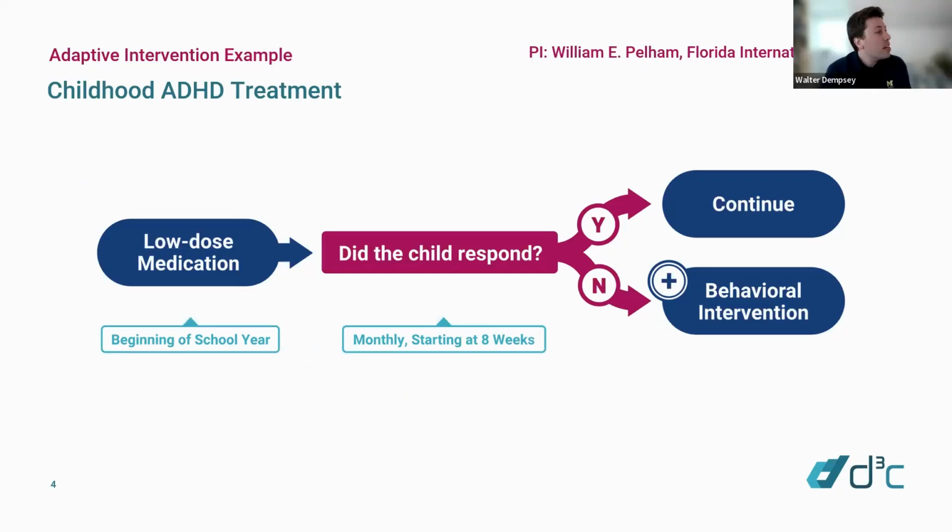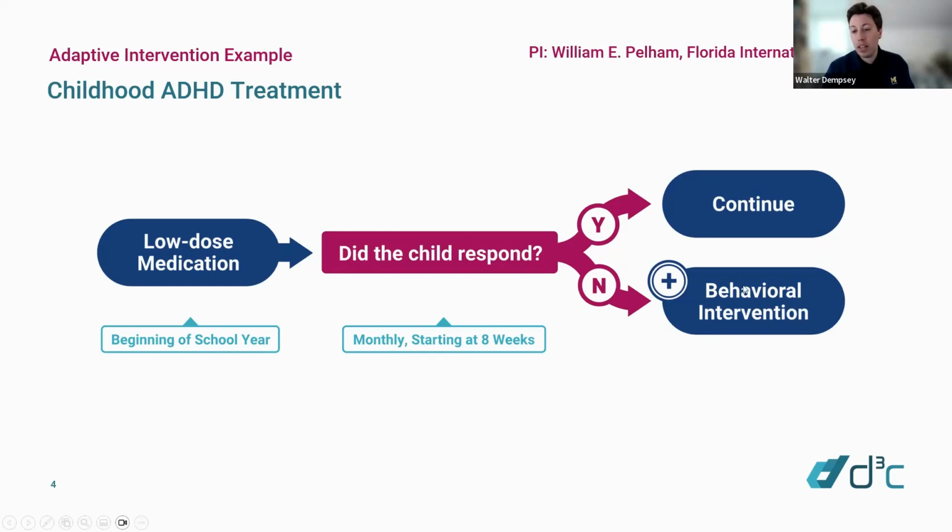So I think what you're getting at, and this is something we'll talk about with SMARTs, is that there will be questions when you're designing your adaptive intervention, and that kind of question would have implications about the type of SMART trial you would run. But in the context of an adaptive intervention as an intervention design, there's nothing stopping you from saying we're going to continue to monitor that individual.